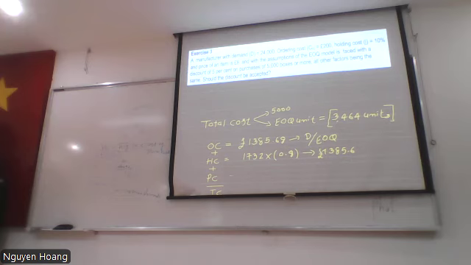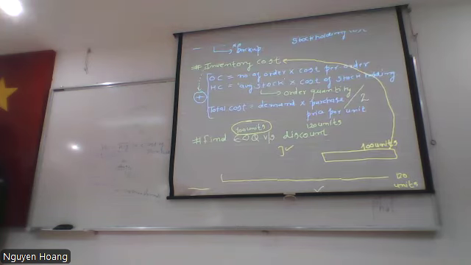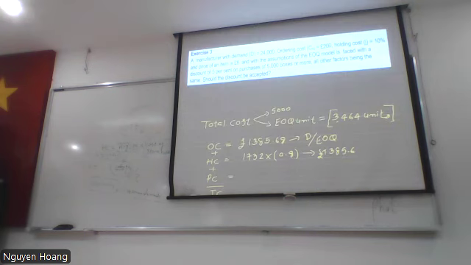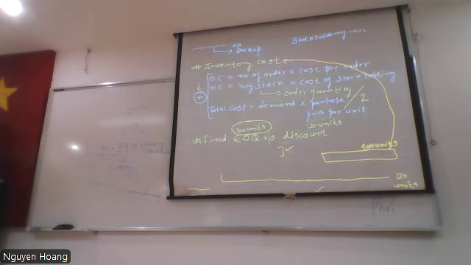Now, the third one is the purchase cost, or total cost, or whatever you want to call it. So calculate this. This is demand multiplied by purchasing price per unit. How much is demand? 24,000. And how much is the price?